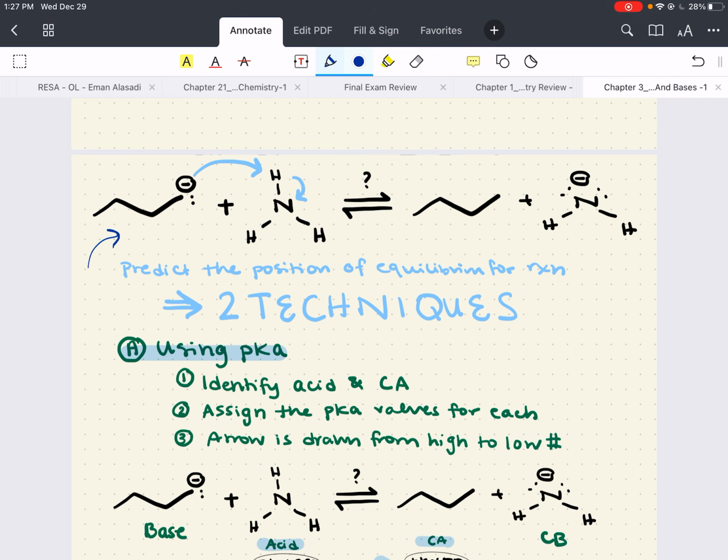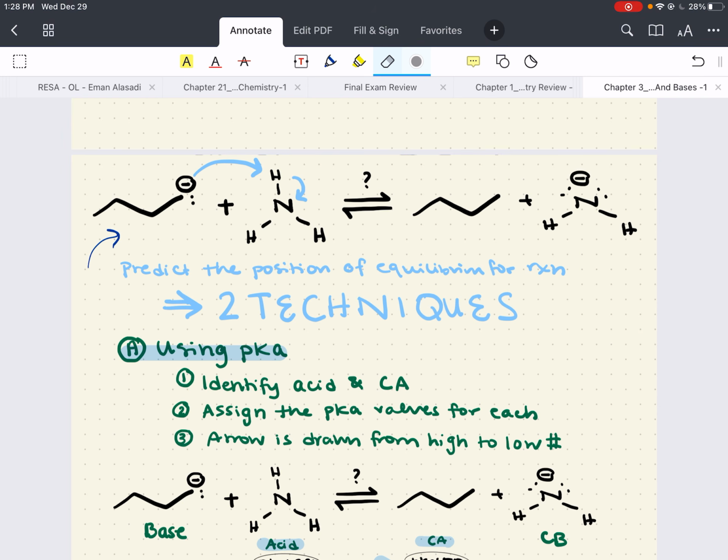Does the equilibrium lie towards the products, or does the equilibrium lie towards the reactants? You have to figure that out, and the way you can figure that out is using one of two techniques.